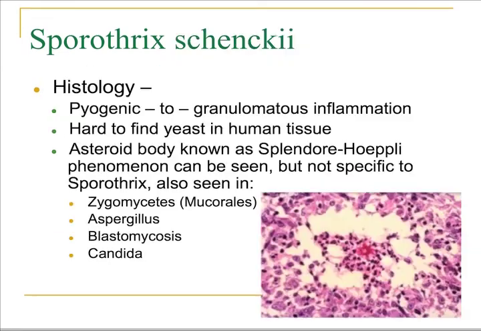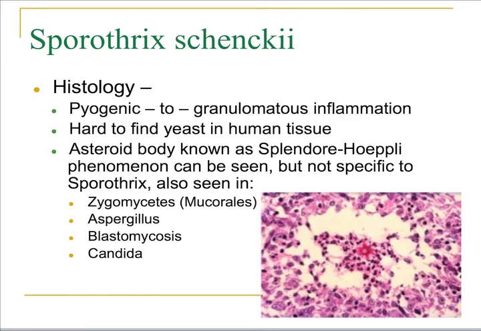On the next slide, you can see the histology of Sporothrix. It can be pyogenic to granulomatous. And one unique thing about Sporothrix infection is in tissue, it can be very, very hard to find the yeast cells in human tissue. Instead, you might visualize what is known as the asteroid body, or what is known as Splendore-Hoeppli phenomenon.